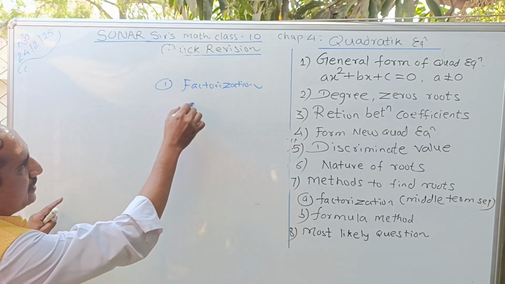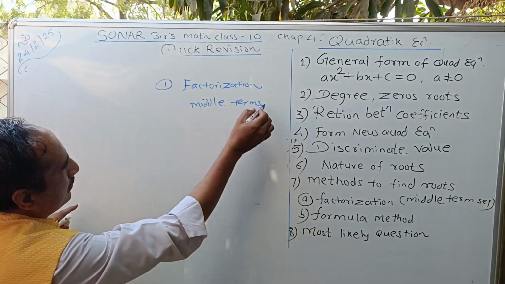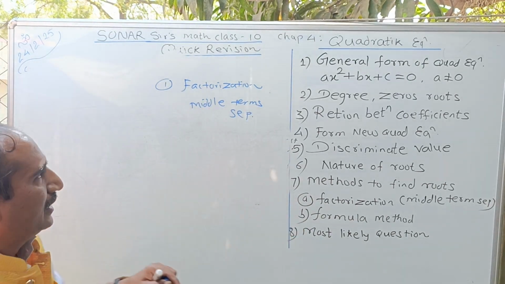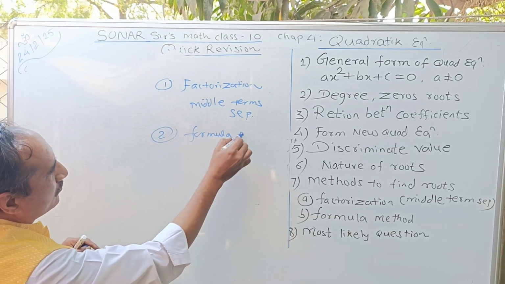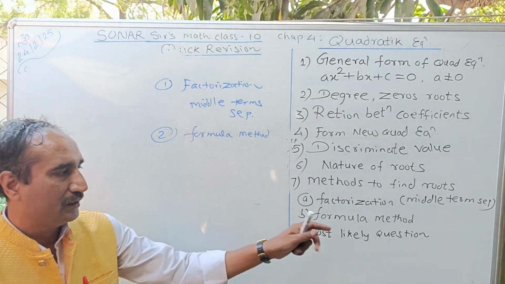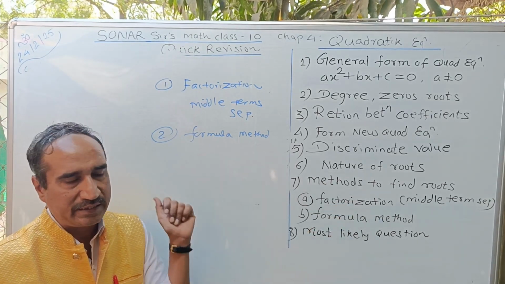Also we call it the middle term separation method. We'll take one example for this, and the second one is formula method to find the roots of the equation. Now most likely questions and this method we'll discuss together.